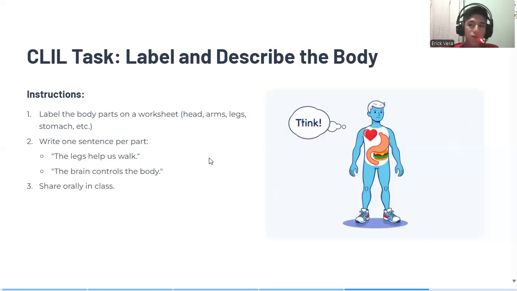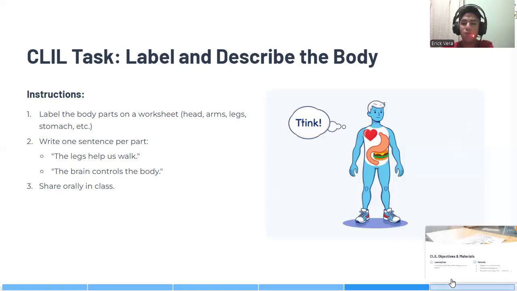Then label the picture with the correct part. Encourage students to show understanding by writing short sentences about the body parts, for example, legs help to walk, the brain controls the body, and share orally in class.